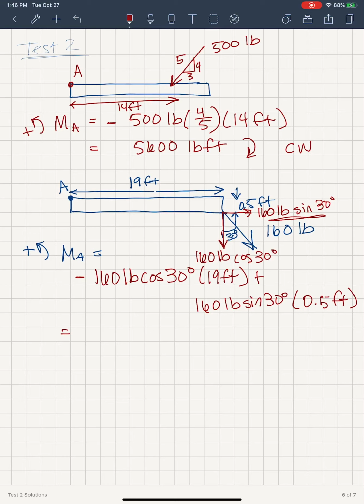So do the calculation. Negative 2,632.7 plus 40.